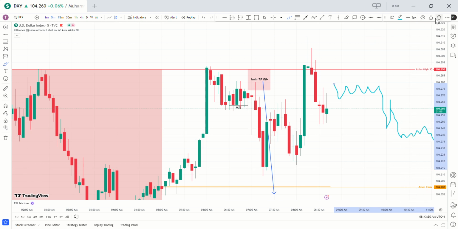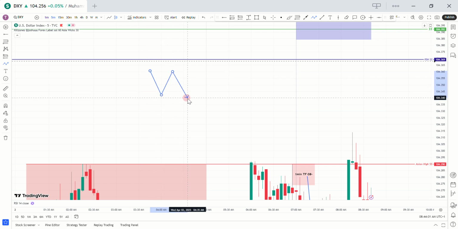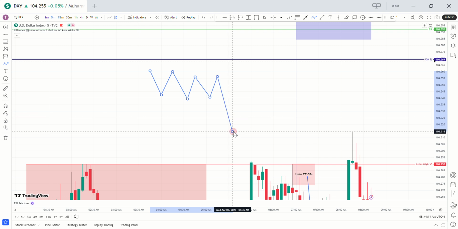That's it. Let me give a clean graphical representation of what I'm saying. Let's say, for example, price is consolidating like this, moving sideways. Expect that price will expand to the downside or the upside, then retrace back, then expand again.